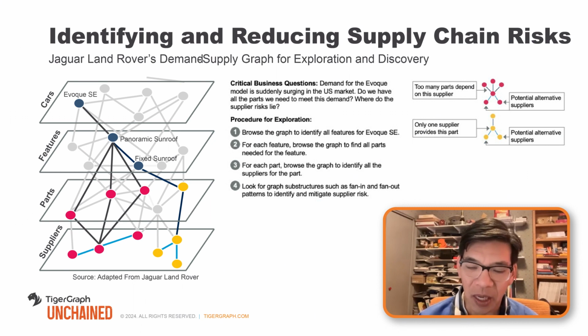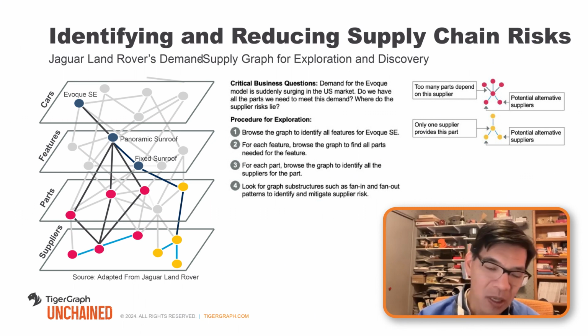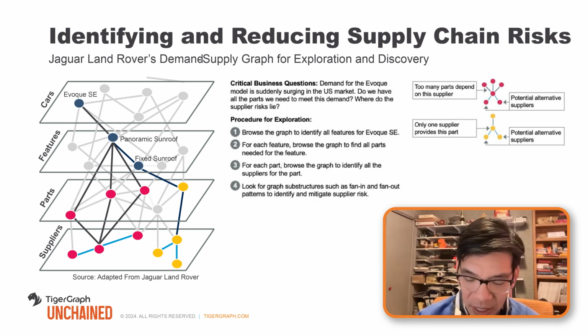So I can give an example of one of our customers, Jaguar Land Rover. So, automobile manufacturer. Everybody knows automobiles have, I don't know, tens of thousands of components coming from multiple tiers of suppliers. But when we started working with them to understand what their particular problems were, they pointed out things like this.